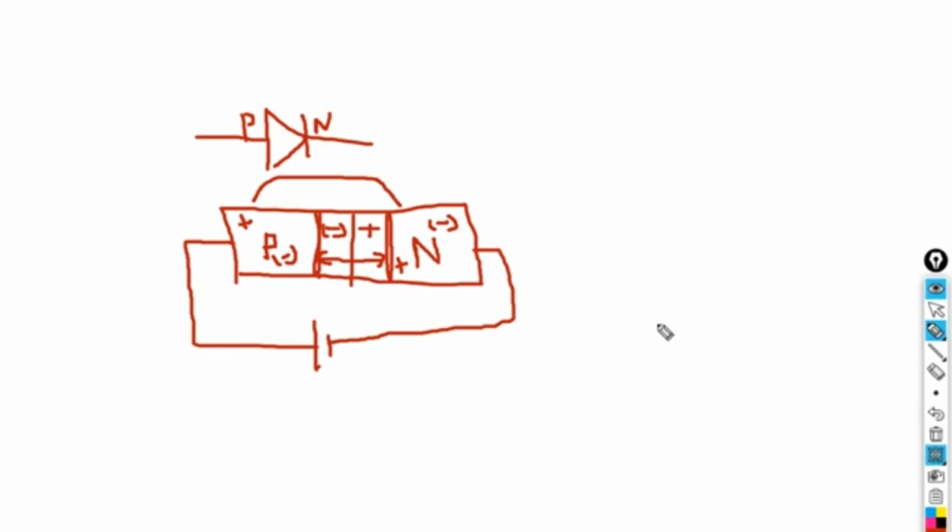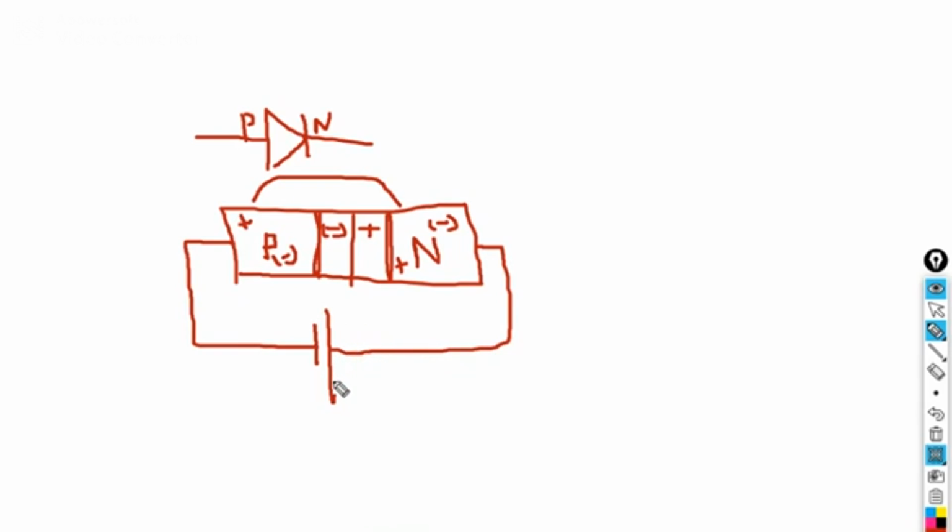Now, what do you mean by reverse bias? If I connect the P end of the semiconductor material to the negative terminal of the battery, and the positive terminal of the battery to the N type material, then it is called reverse bias. What will happen in the case of reverse bias?